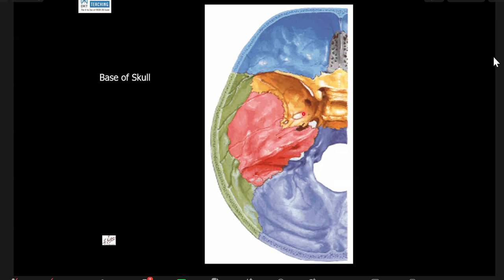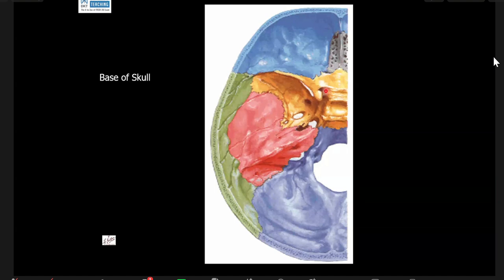This is foramen ovale, where V3, the mandibular division of the trigeminal nerve, passes through it. And this is also an exam foramen, because they will ask you in the exam. This is the foramen spinosum, where the middle meningeal artery passes. Anteriorly here is the foramen rotundum, where V2 passes anteriorly.